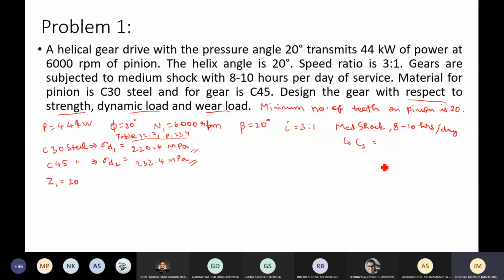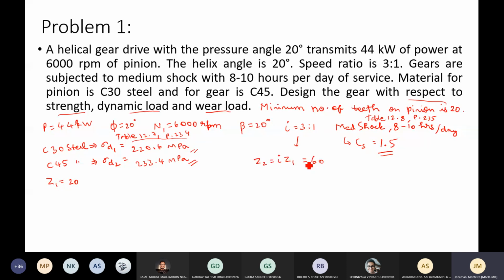So this is with respect to table 12.8, page 235. So service factor is also taken out. Now I is equal to 3:1, we know that this is the starting point. So Z2 is equal to I times Z1. Because Z1 is 20, Z2 will be 60.